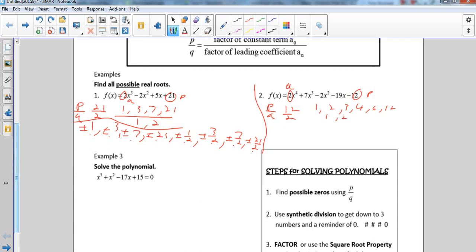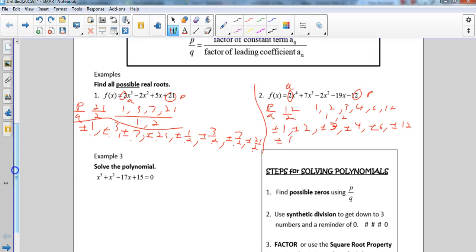I'm going to do all my whole numbers first. So, plus or minus 1 divided by 1, plus or minus 2 divided by 1, plus or minus 3, plus or minus 4, plus or minus 6, and plus or minus 12, all divided by 1. Now I've got to divide each of those by 2.